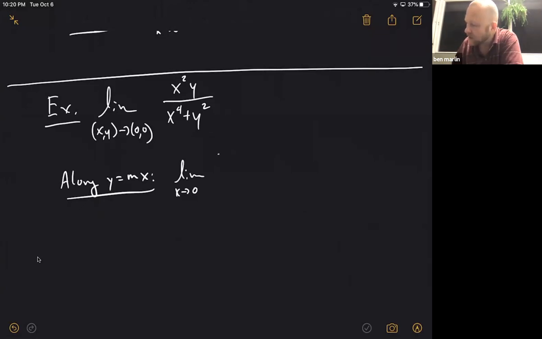So we'll have x squared mx over x to the 4th plus y squared, so m squared x squared. So that's the limit as x goes to 0.